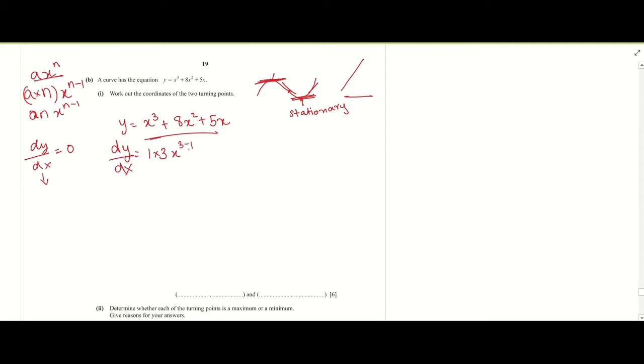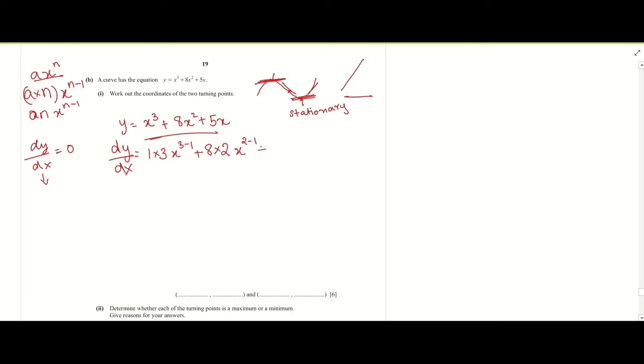Remember, the coefficient of x will remain as it is, and it will be multiplied by the power of x in the equation y equals x cubed plus 8x squared plus 5x. Of course, it depends on what question it is. So this 8 will be multiplied by 2, and x will be raised to 2 minus 1. So always remember, the powers will always decrease by 1.